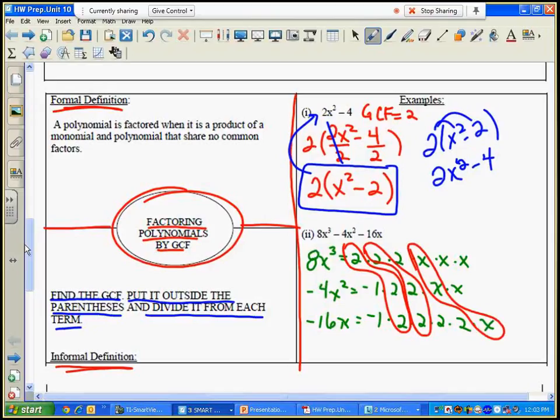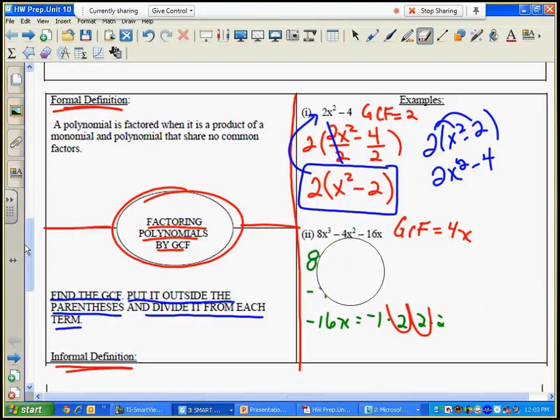A couple of them have a negative 1, a couple of them have a 2, and a couple of them have an x, but not all 3. So the GCF of this one is going to be 2 times 2 times x, or 4x. That's the expression, that 4x is what I'm going to take out of this trinomial. And it's what's going to be on the outside of my parentheses.